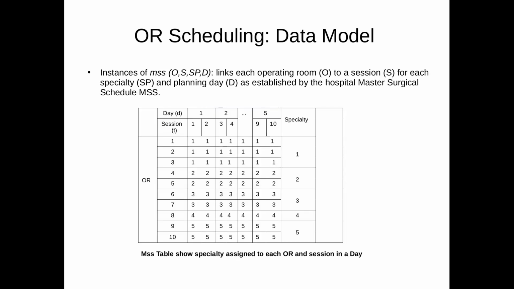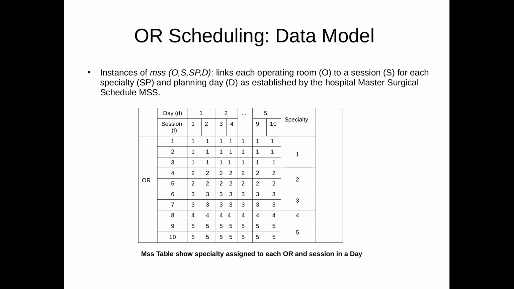Next in the data model to be considered is the master surgical schedule. It is a surgical schedule prepared by the hospital authorities for assigning ORs to a particular specialty. As you can see, there are a total of 10 operating rooms and 5 specialties.